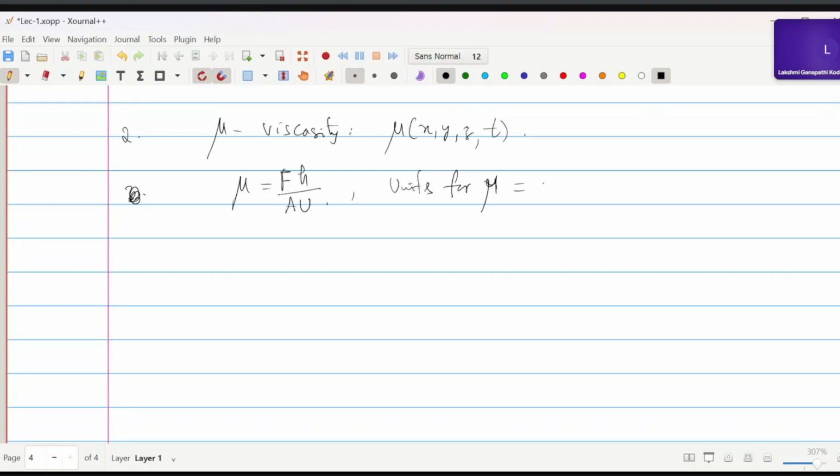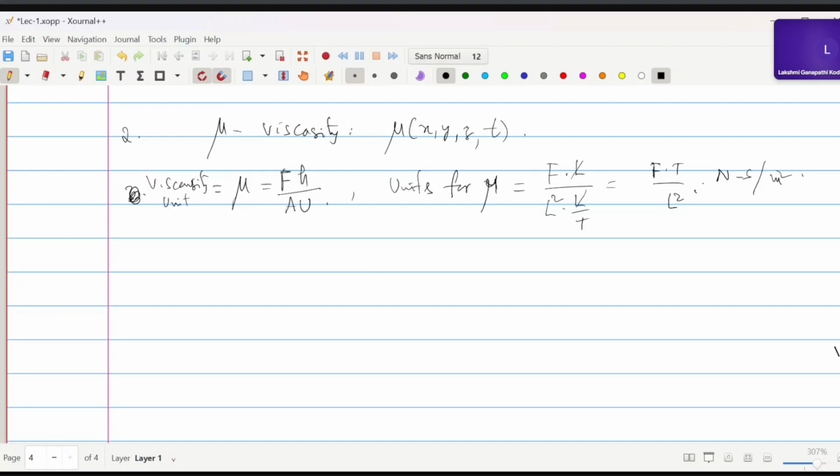H is length, A is area, L squared, F is force, and U is L by T. So L cancels, leaving force times T by L squared. That is why they write Newton seconds per meter squared. So these are your viscosity units.